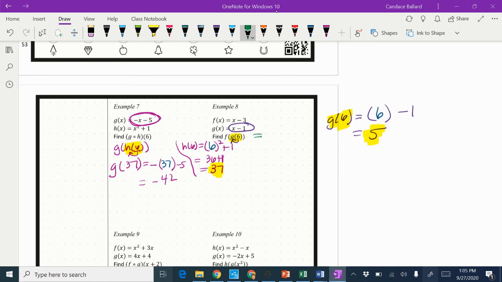So I have f of 5. We're going to write our f function out, parentheses for the x, and then I'm going to substitute in my 5. Oh, that does not look like a 5. That looks like craziness. 5. And I am left with 2.